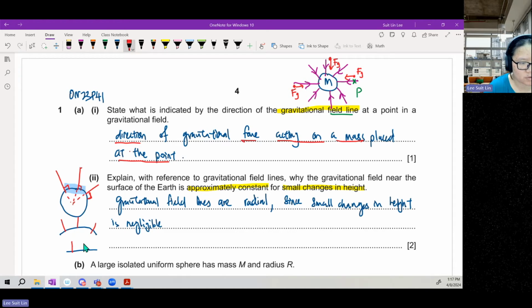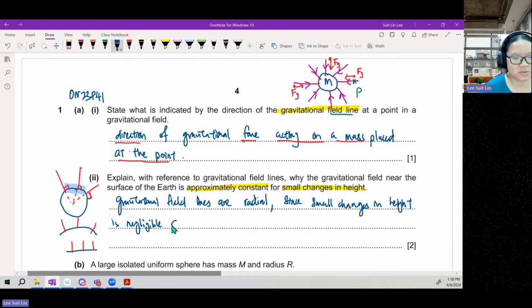So you zoom in some more, eventually they will look like this. That's why Earth feels flat, but actually it's a sphere, because the radius is very big and your height is negligible. Your perspective is negligible. So small changes in height is negligible when compared to the radius of Earth.